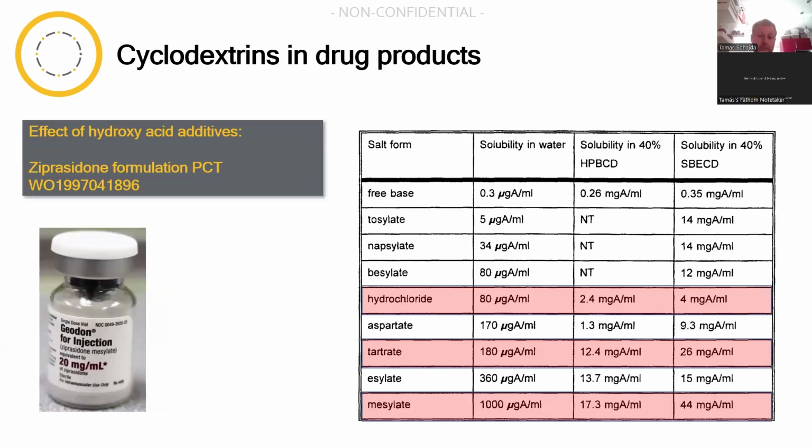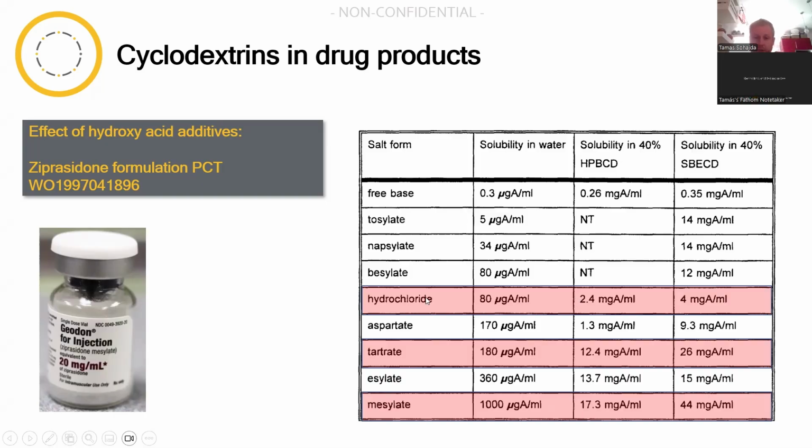Another interesting part is the salt form of the active ingredient. Of course, the different salt forms of the active ingredients have different intrinsic solubility themselves, but not only that, when we add the cyclodextrins, you can observe that the improvement we can achieve with the same cyclodextrin is very different.